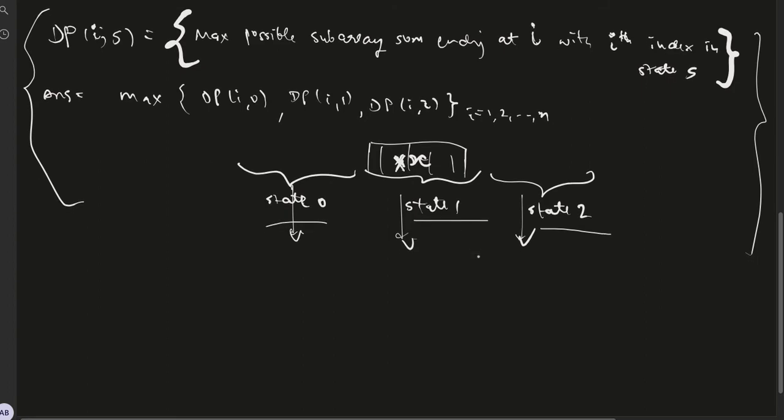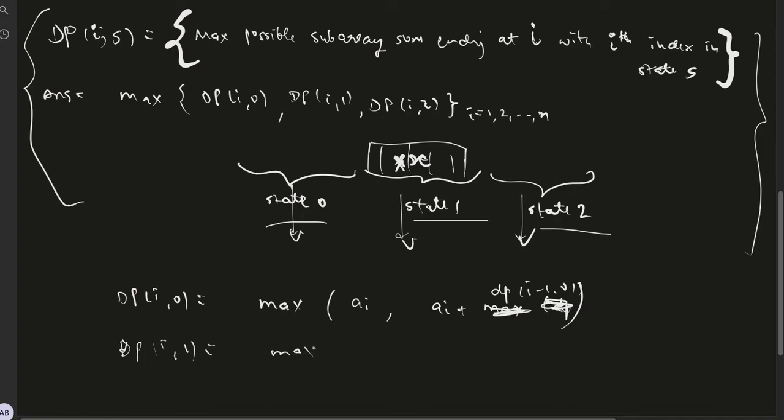And the transitions are given by: dp of i,0 is equal to the maximum of a_i, and a_i plus dp of i-1,0. dp of i,1 is the maximum of a_i times x, a_i times x plus dp of i-1,0, and a_i times x plus dp of i-1,1.